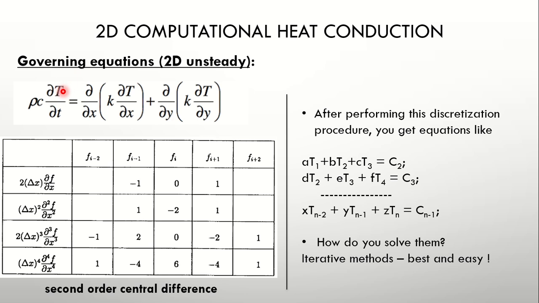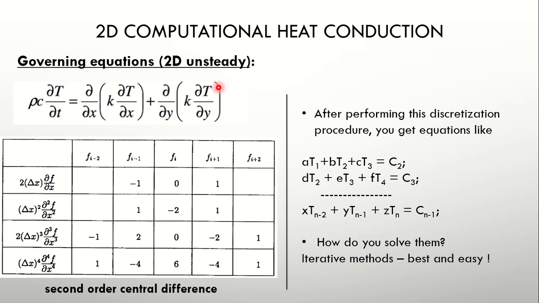You can just take n plus 1 on the LHS and all the other terms on the RHS at n, the previous time step, those values you already know, right? So it's very easy. Just simply write a code and solve it. You need not worry too much about this.